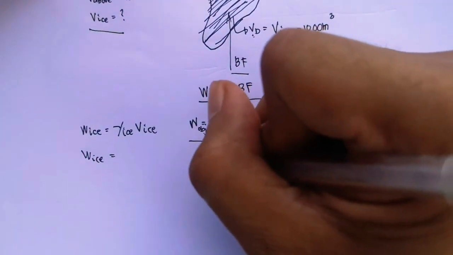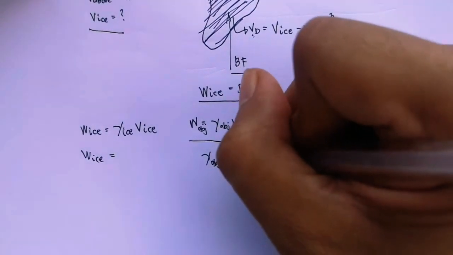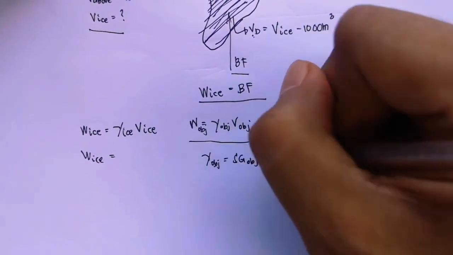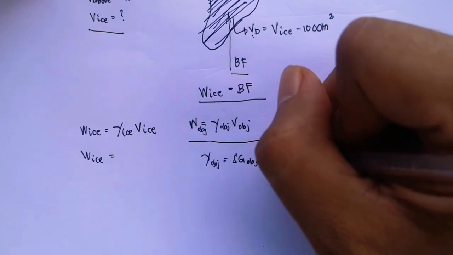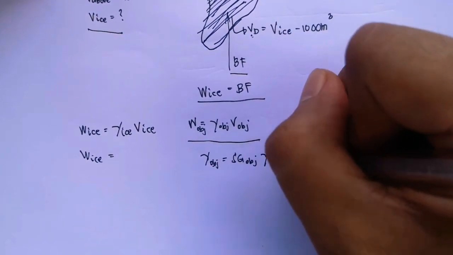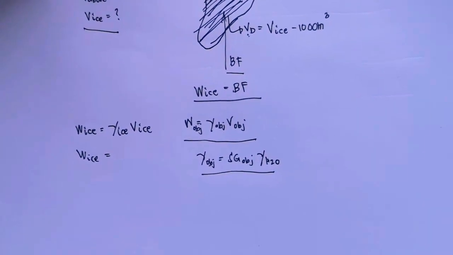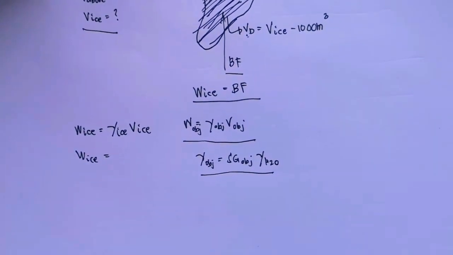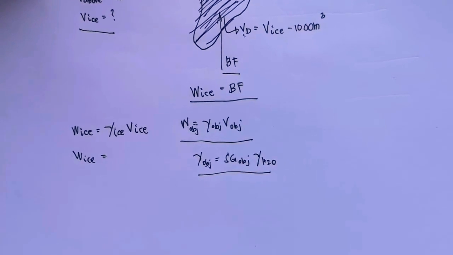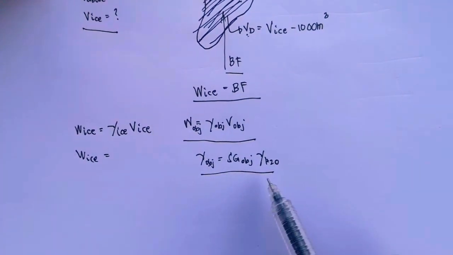Specific weight of an object is equivalent to the specific gravity of the object times the specific weight of water. Okay? Para makuha natin yung specific weight ng isang matter, is the specific gravity of that object times the specific weight of water.